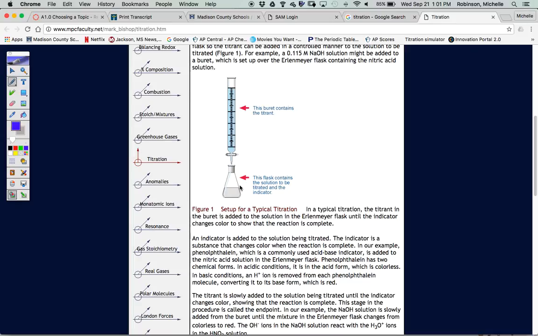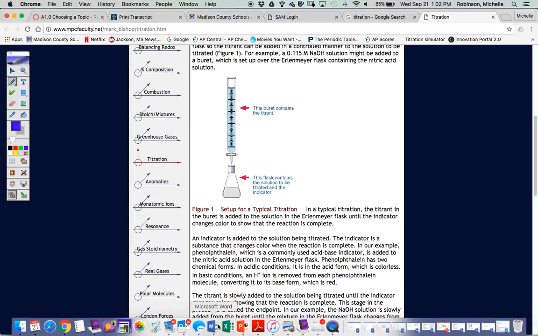So if it's an acid-base titration, the indicator is going to change color when the acid has neutralized the base. Does that make sense? So if you know the concentration of the stuff in the burette, and you know how much you dispense into the known amount of acid in here, you have the exact same problem we just did, right?